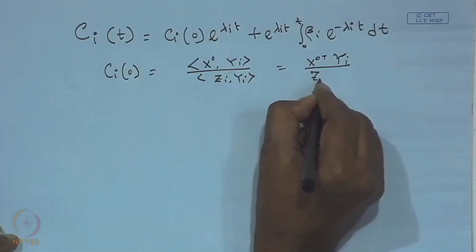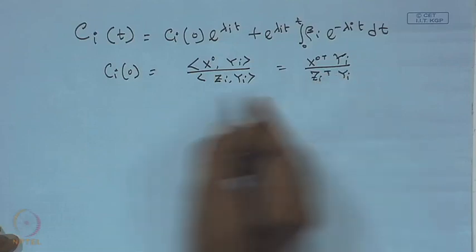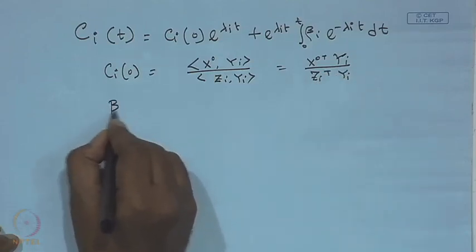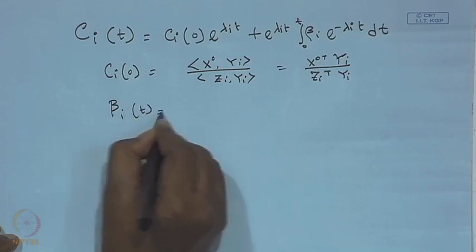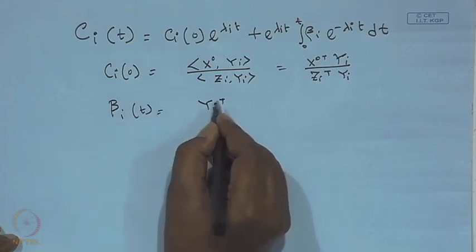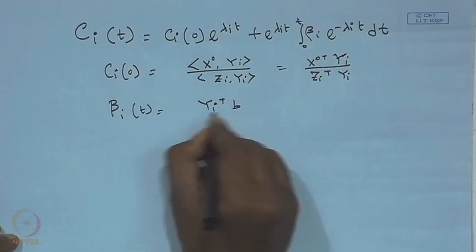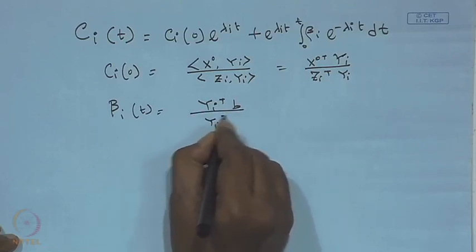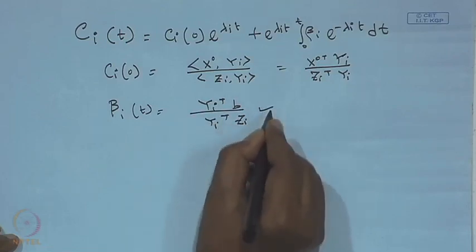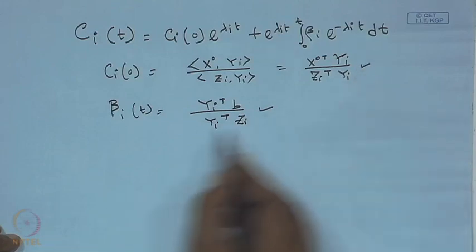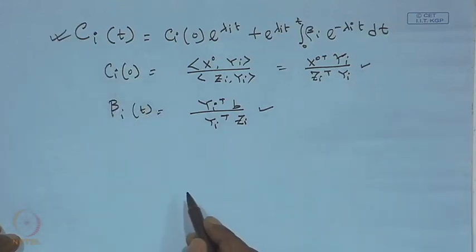And beta_i we have already obtained as y_i transpose b divided by y_i transpose z_i. Once we get this, we can get the solution of c_i(t), and we will have the complete solution.